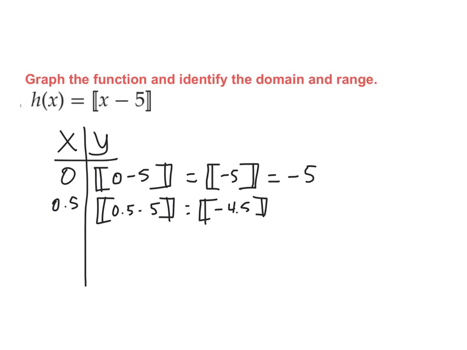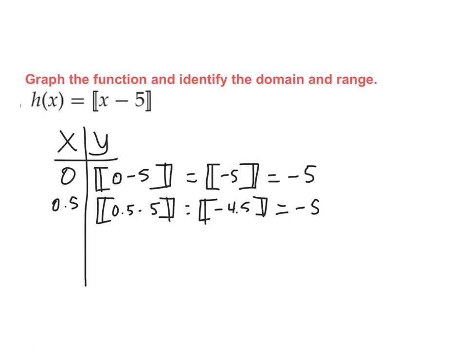Since it's negative 4.5 and I have a decimal, it has to go back down to the next lowest integer. What is the next lowest integer from negative 4.5? Negative 5. Negative 4 is bigger. Negative 5 is the next lowest integer.